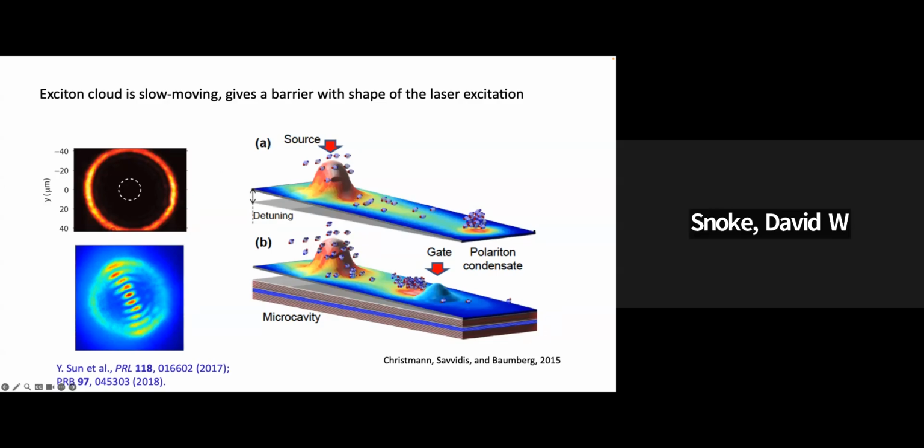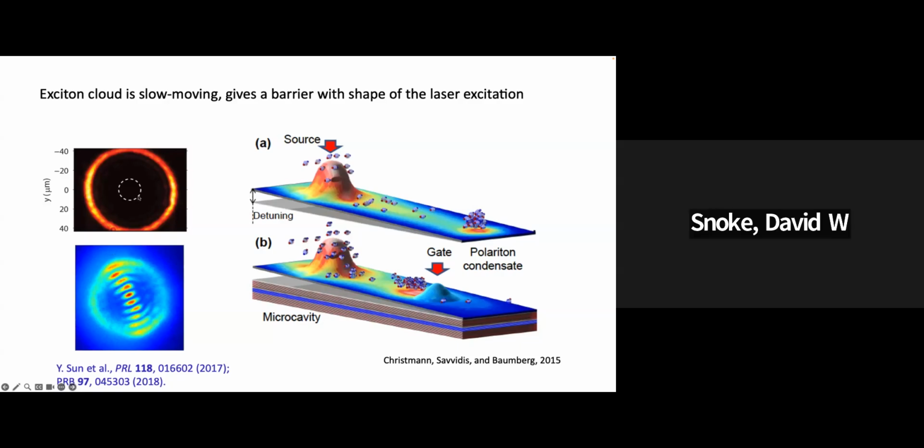Okay, so here's a couple experiments from a while back. One of them is, this is the laser profile. You can make a ring trap, and you can put a condensate inside of that. And in this case, you have like a drumhead mode of the condensate. In the place where the excitons are, that's going to be strongly scattering and repulsive of the polaritons.